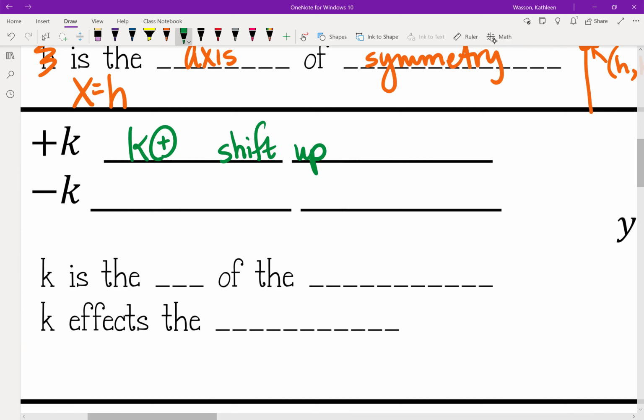And if at the end you have minus number, then k is negative, and your graph will shift down. K is the y part of the vertex.